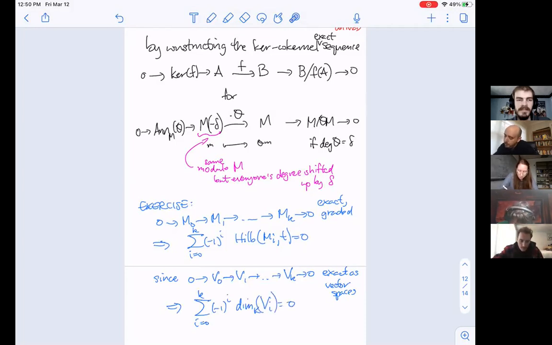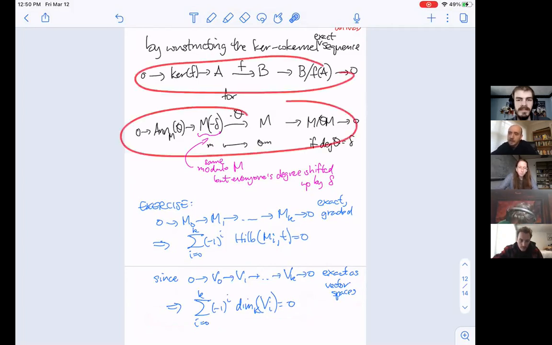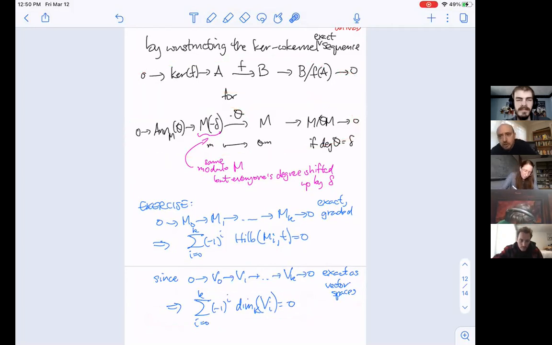And so this is the exercise you should really do if you've never done it. This is homological algebra 101. We're only going to need it in the case of a 4-term thing, but may as well just prove it in general for vector spaces. And then here, because the maps are homogeneous, they're preserving degrees, you just work degree by degree, and you deduce this about these power series coefficient by coefficient.